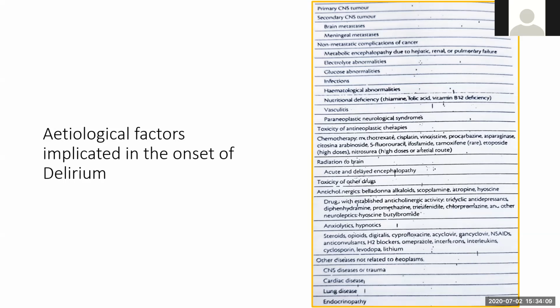Sometimes these symptoms might persist, and we might have to go for an opioid rotation altogether. So opioids is one of the drugs, and I have given a couple of other drugs also over here. Some other diseases like CNS diseases, cardiac diseases, lung diseases, endocrinopathies, all can be causative factors.